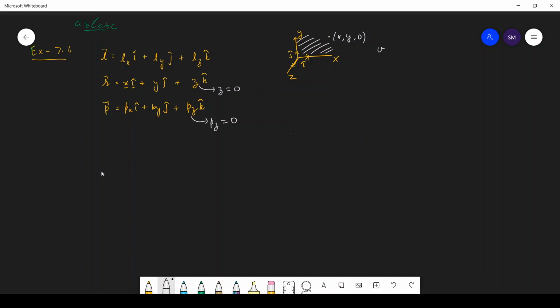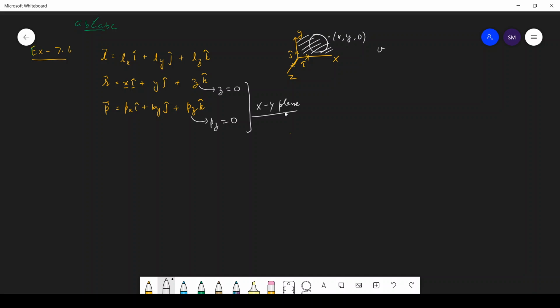So pz will be 0. This is the result of the particle moving in the xy plane. It can be linear motion, it can be rotational motion, any motion, but as there is no linear velocity along the z-axis, pz is 0 if the motion is along the xy plane.